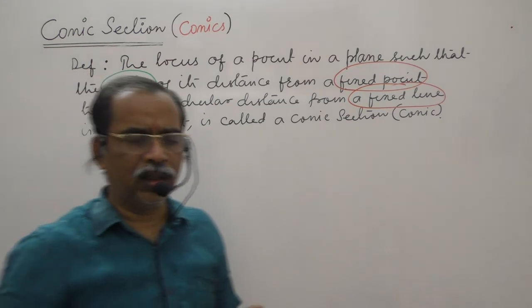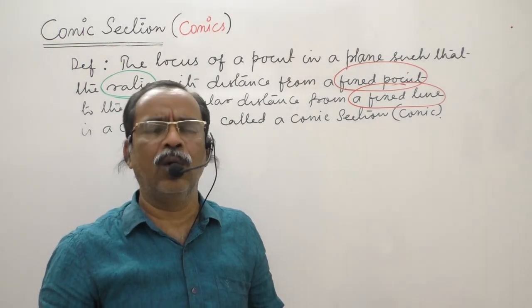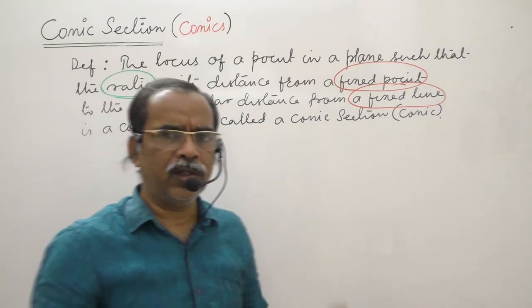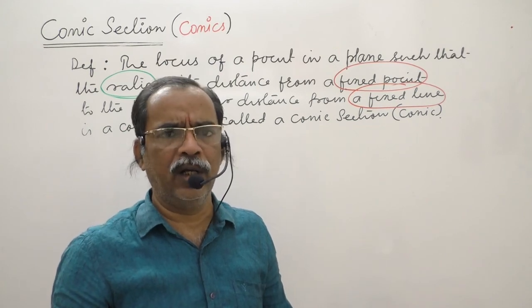A conic section is a curve. It is a locus. Every curve is a locus. Locus means a set of points satisfying some condition.